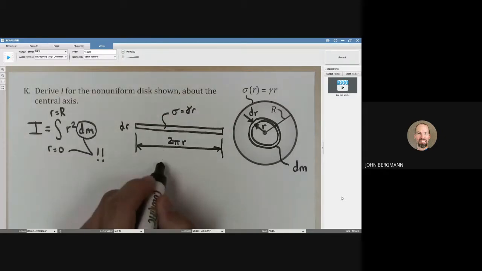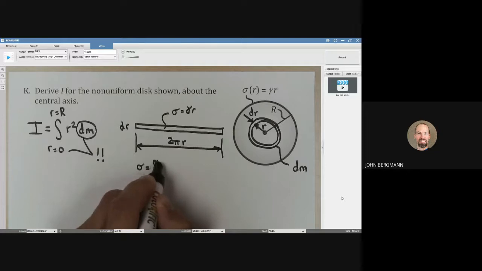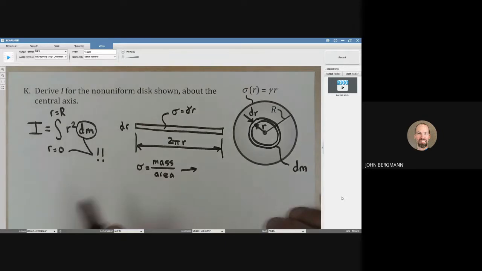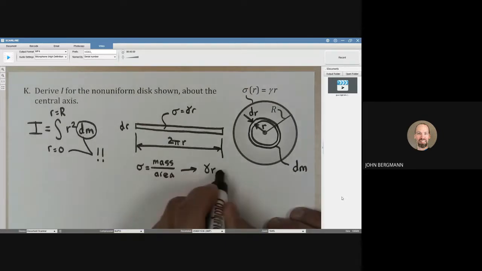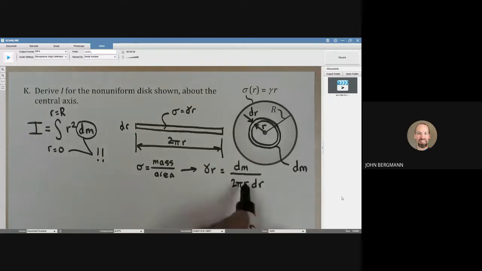So what we can do is we can say, in general, sigma is mass over area. So for our case here, we're going to say sigma is mass over, now what's the area of this thing? Well, this is just a really skinny rectangle, isn't it? 2 pi r dr. So what's dm?